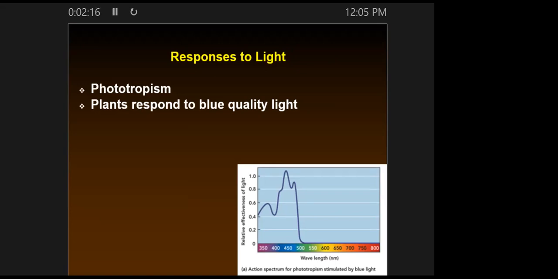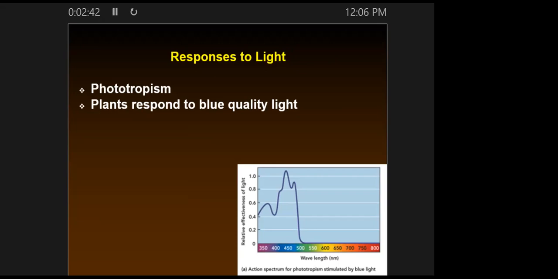So the whole idea of the rainbow, it's red, orange, yellow, green, blue, indigo, and violet, as we move from right to left. And so it's important that you realize that it's a different quality of light or colors of light depending on wavelength of light.